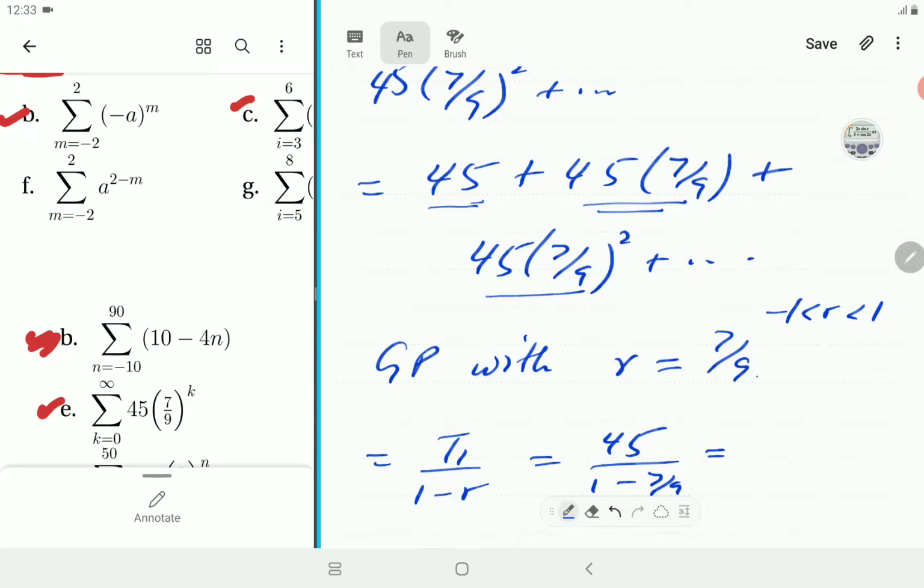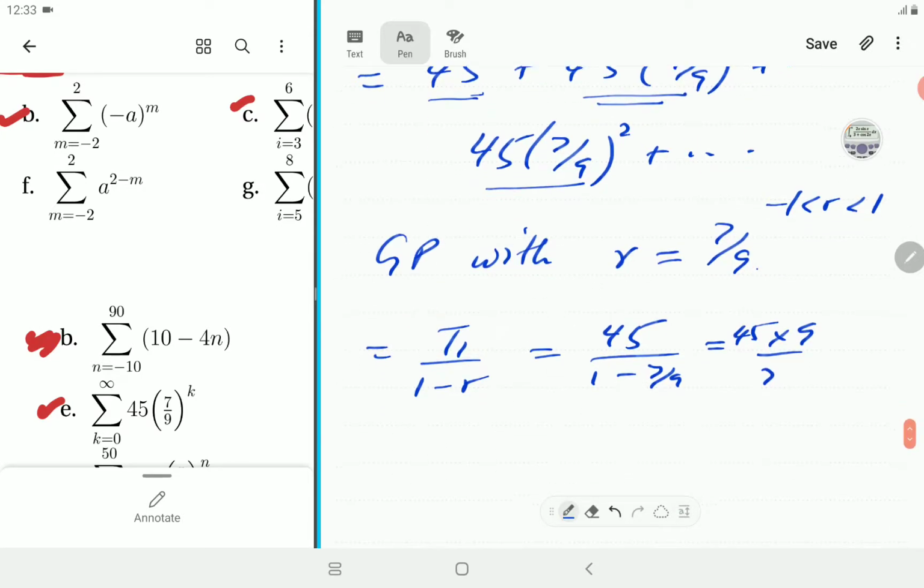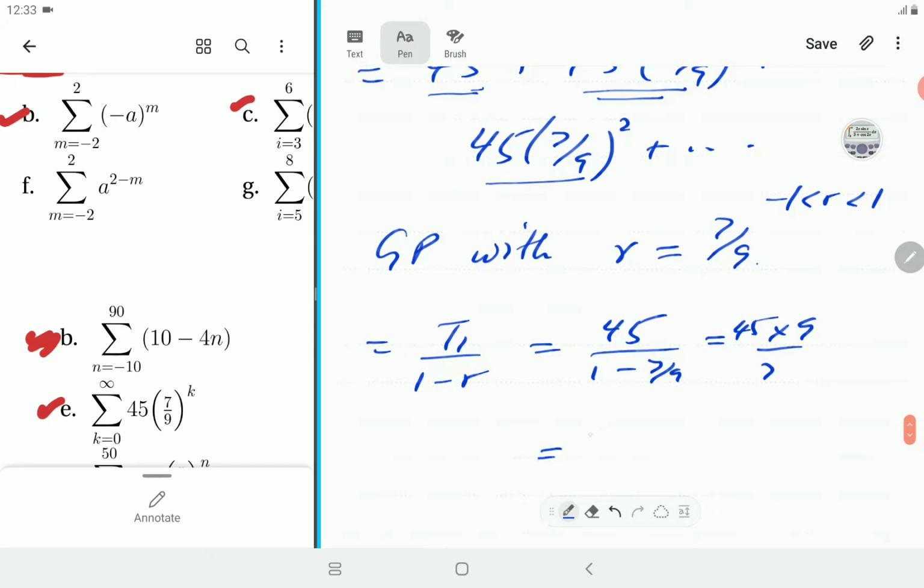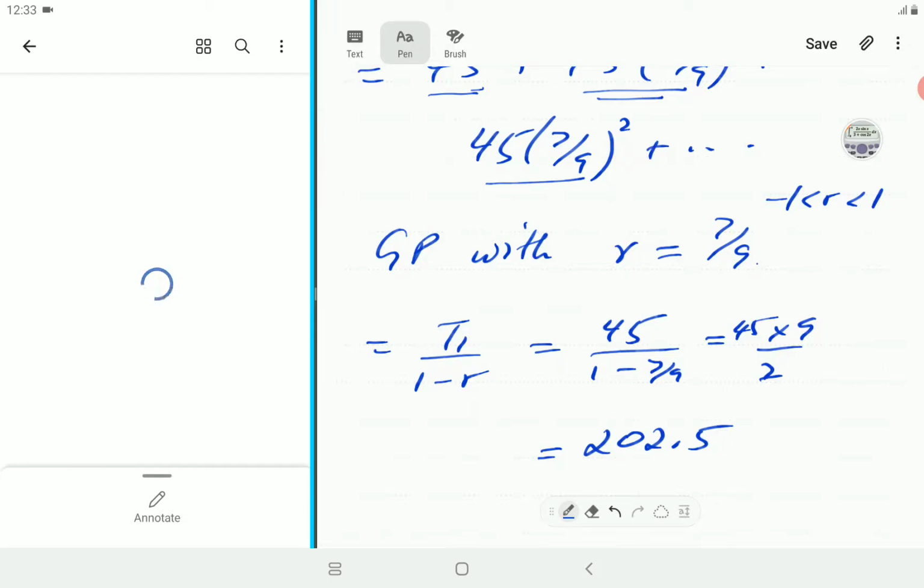So this is going to give us 45 times 9 over 2, sorry, this is over 2. So this is going to give us 202.5. All right, so that is that one there.